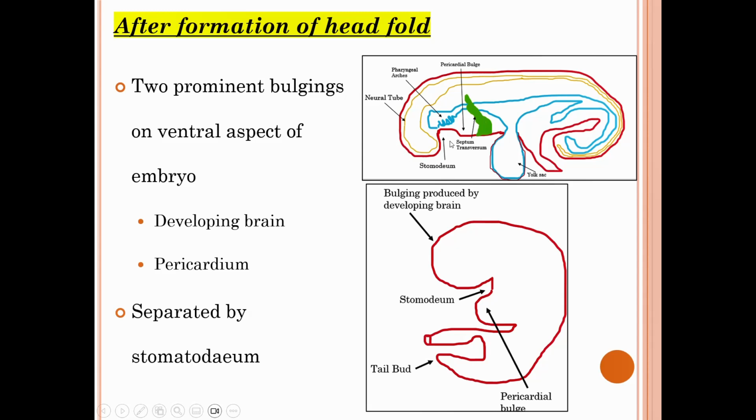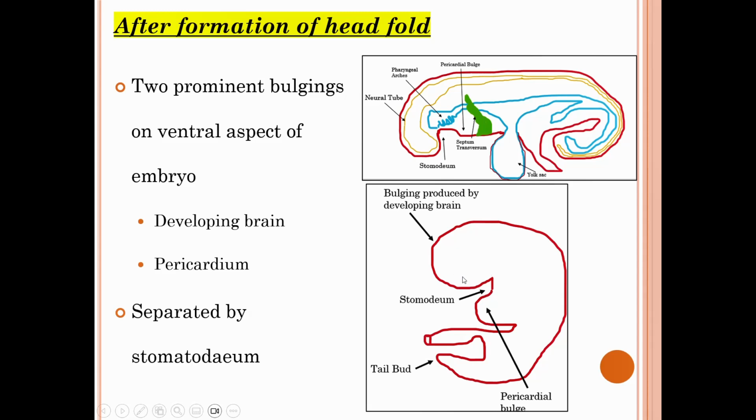There is developing brain here and there is pericardium here, and here is septum transversum. You can see the pharyngeal arches, you can see the foregut, midgut and hindgut. So this is the pericardial bulge. If you see here, there is the bulge produced by developing brain, and here it is the pericardial bulge.